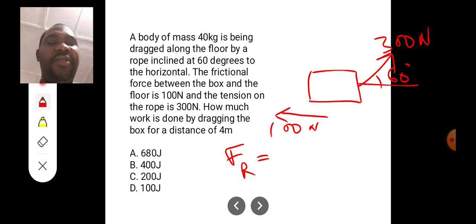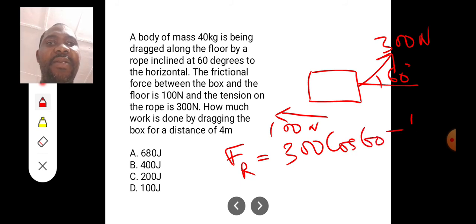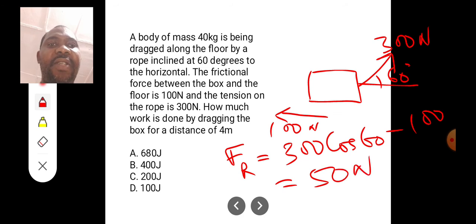If you have watched my video on resolution of forces, the resultant force will be 300 cos 60 minus 100. Okay, so if we use our calculator here, it's going to give us 50 newtons. Resultant force is 50 newtons. So we can now say that our work done here will now be equal to force times distance.